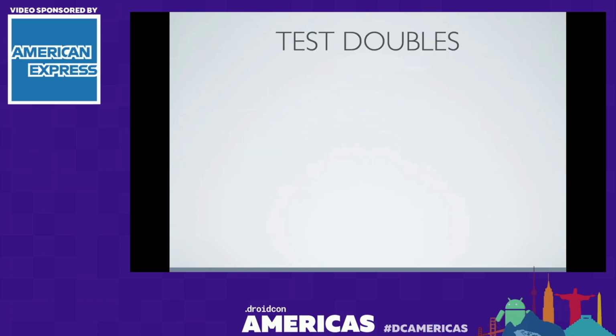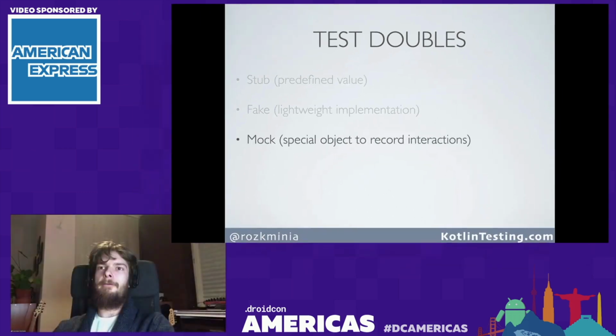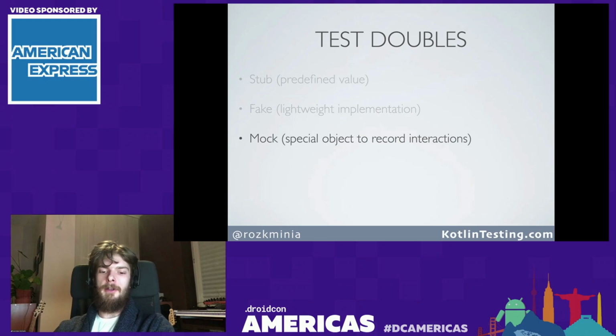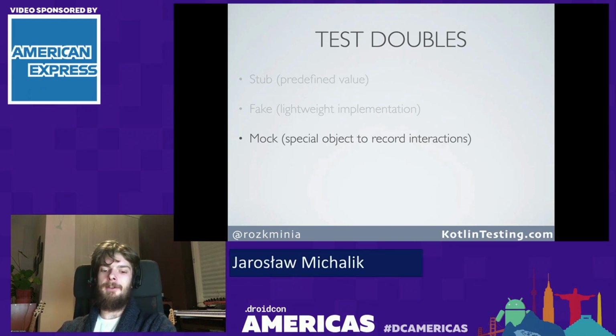So now would be good moment to distinguish some kinds of test doubles. We have stub, test double which will return predefined value. We have fake, which will act as lightweight implementation. We have mock, special object that would be storing information about its interactions.